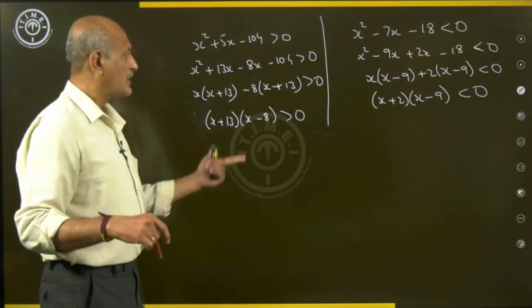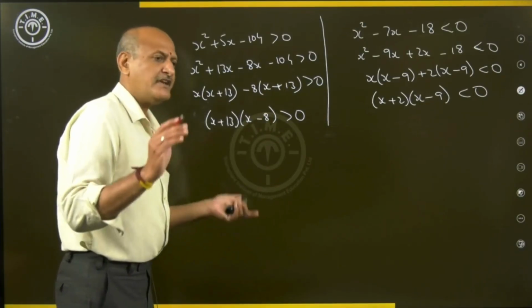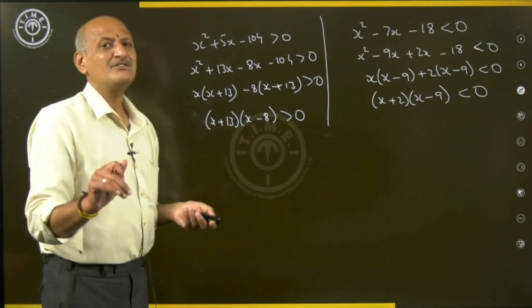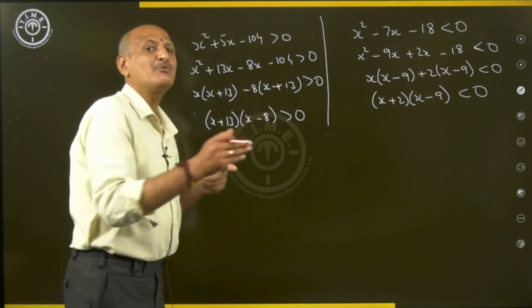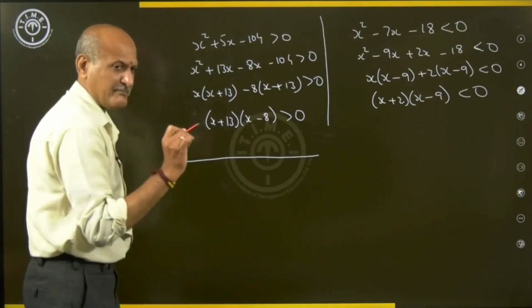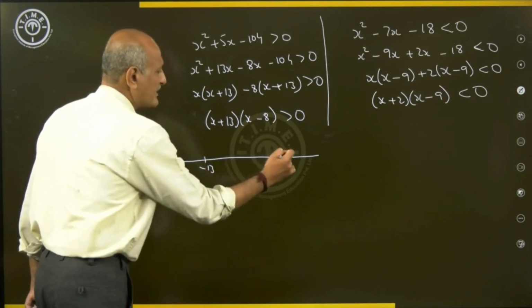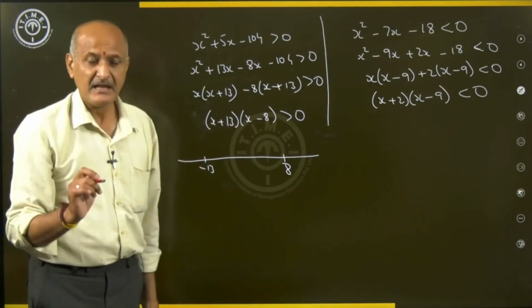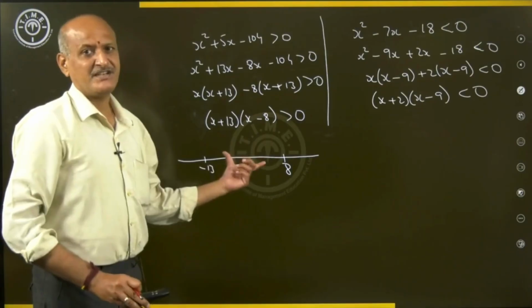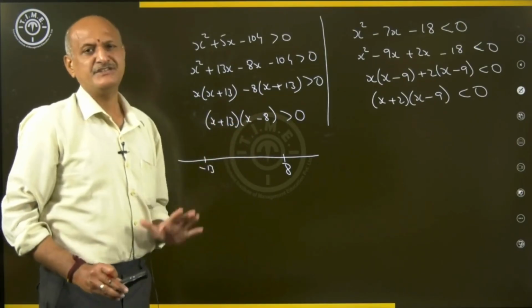But we want this expression to be greater than 0. First we identify the values of x for which the expression equals 0. On the real number line, there are two numbers: minus 13 and 8. For these two numbers, the quadratic expression equals 0.